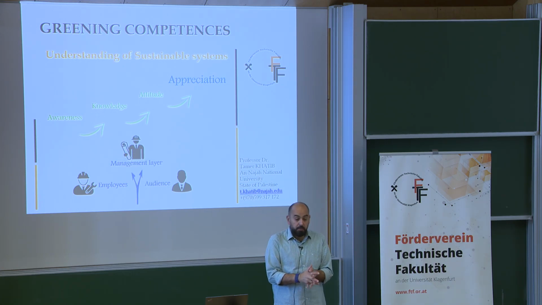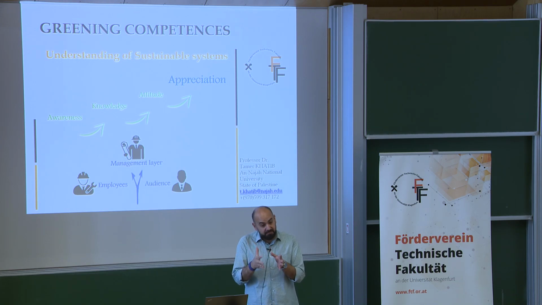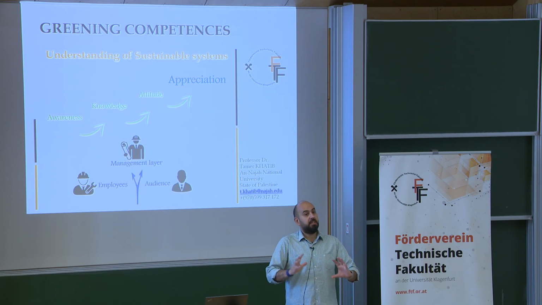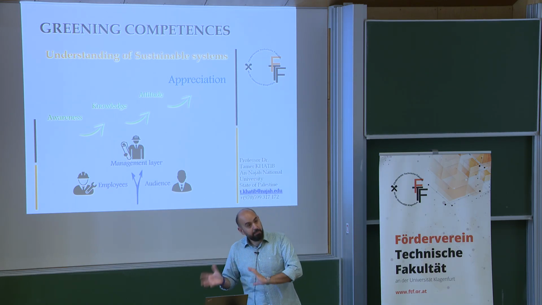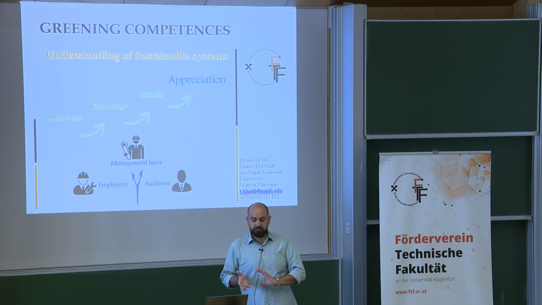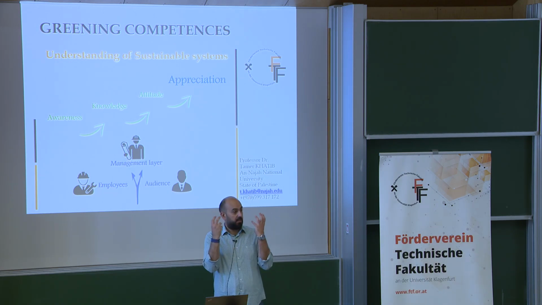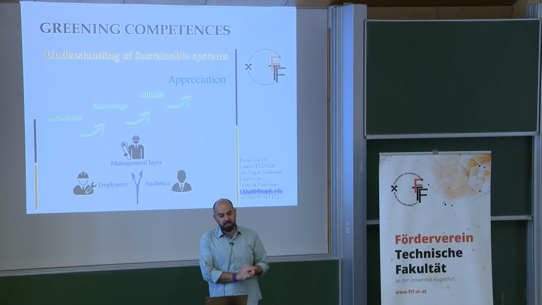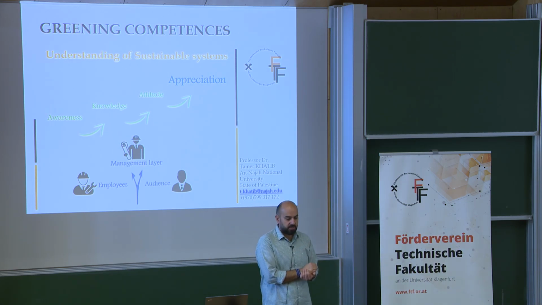But we have to think about a specific greening framework to follow in order to really achieve green local government units that are able to assure sustainable development. The first category of the proposed greening framework is the understanding of sustainable systems.